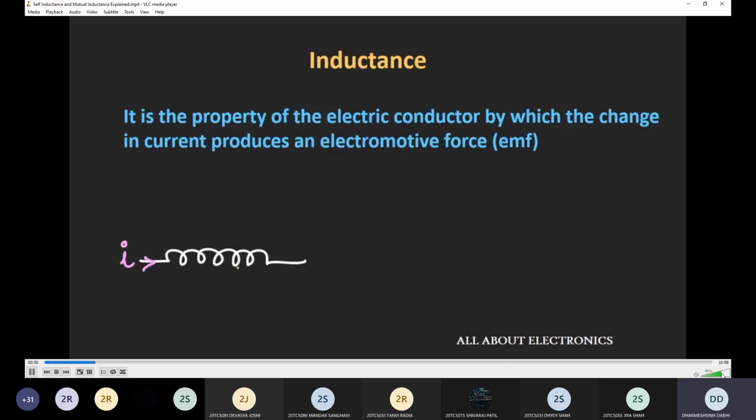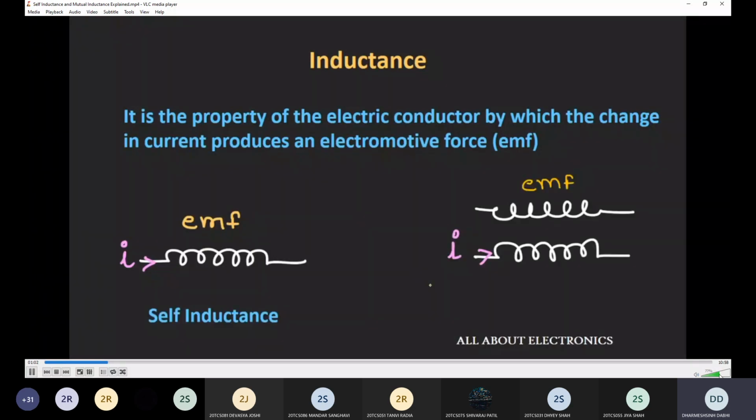The rate of change of current through this coil produces an EMF or voltage. If this EMF or voltage is produced within that same coil, then that is called self-inductance. And if the rate of change of current produces the EMF or voltage in a nearby coil, then that is called mutual inductance.